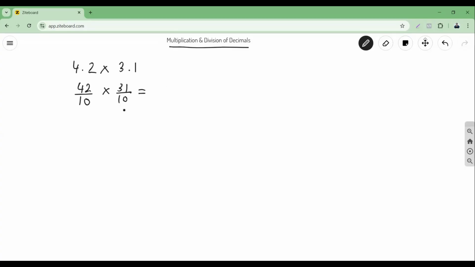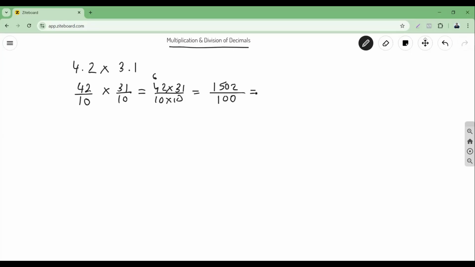Once we have done this, I just have to multiply 42 by 31, and 10 by 10. So 2 times 1 is 2, then 3 times... 42 times 31 comes to 1302 in total. The numerator is 1302 and the denominator is 100.